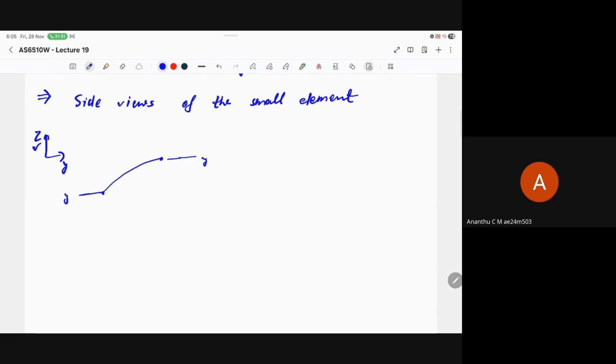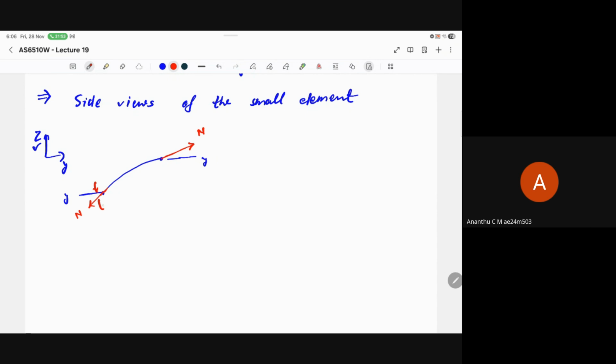So with respect to this node, for this component there will be a tension force here, and similarly there will be a tension force here, and both are going to be the same. This is the Y direction, so we can consider the slope in the Y direction.